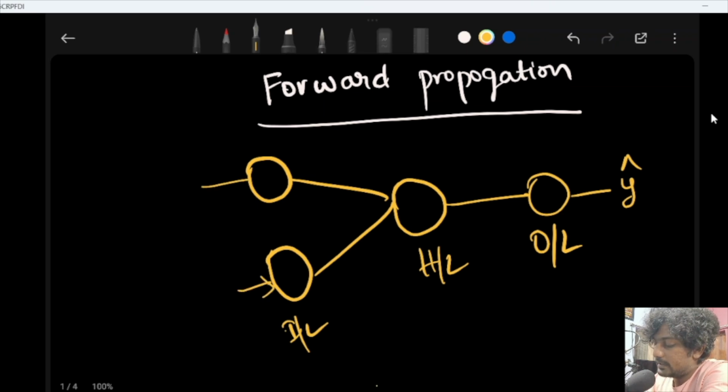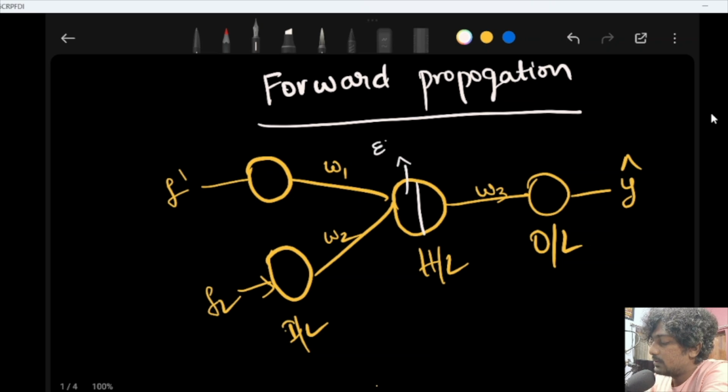Here we will get features as inputs, and we have weights w1, w2 and w3, right? In this hidden layer we all know there are two steps, right?